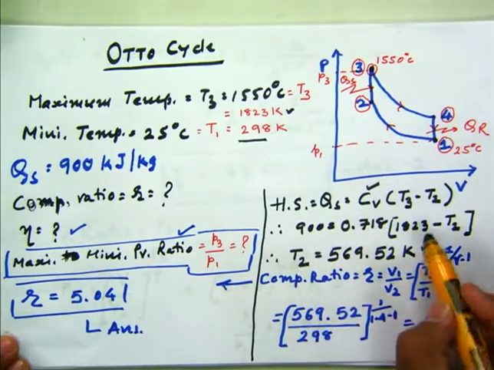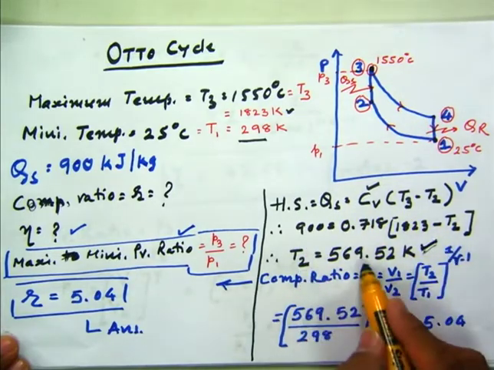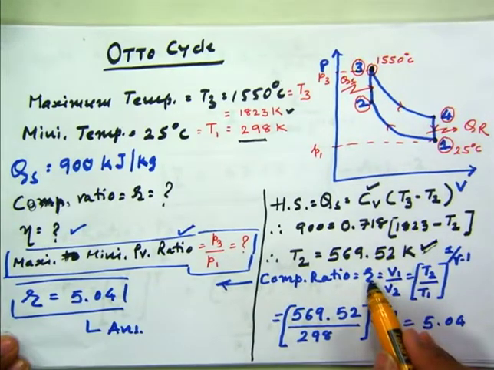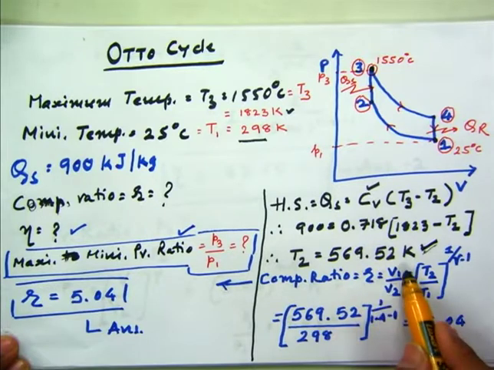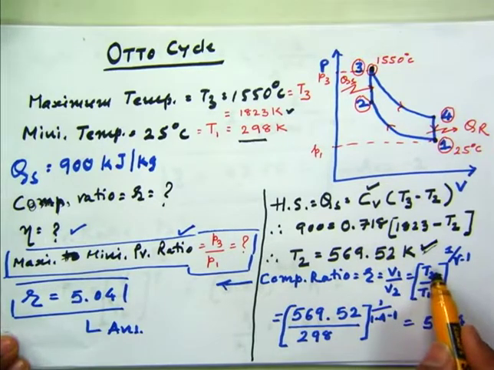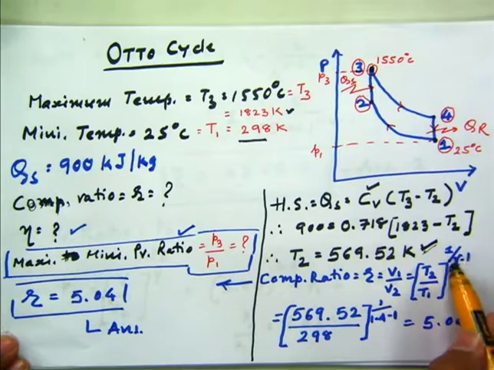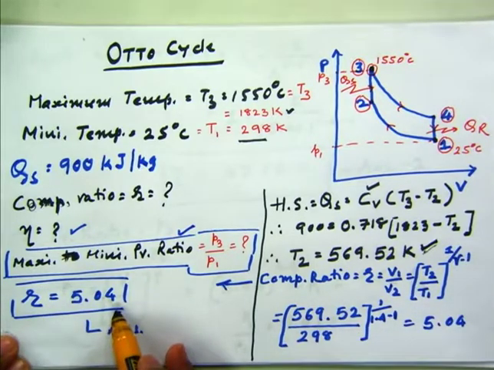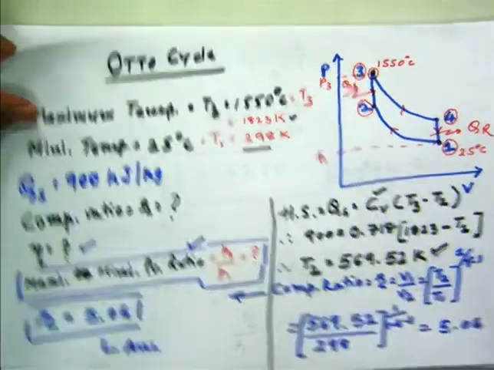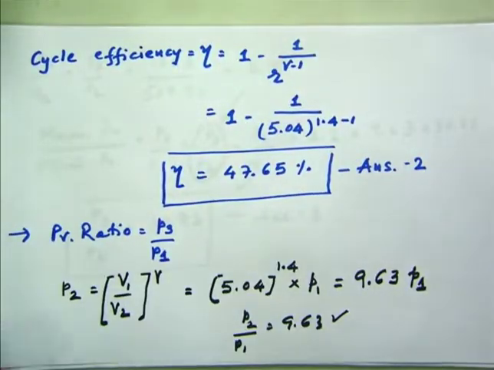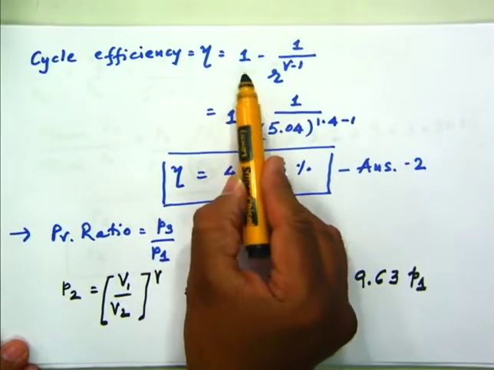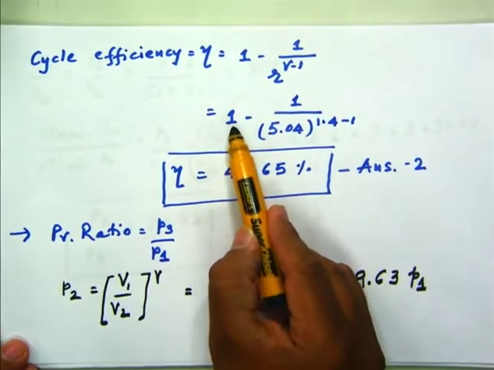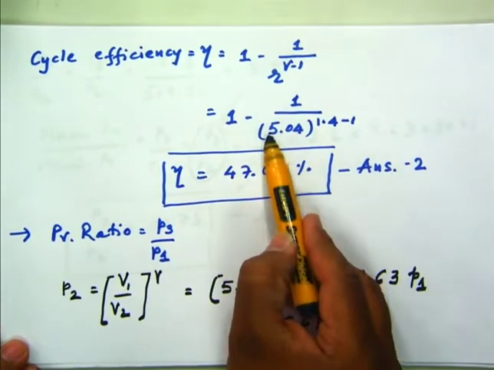Based on this you will get T2 569.52 Kelvin. We have the equation that compression ratio R is equal to V1 upon V2 is equal to T2 upon T1 raised to 1 upon gamma minus 1. Put the values, you will get R is equal to 5.04. Cycle efficiency tau is equal to 1 minus 1 upon R raised to gamma minus 1, is equal to 1 minus 1 upon 5.04.